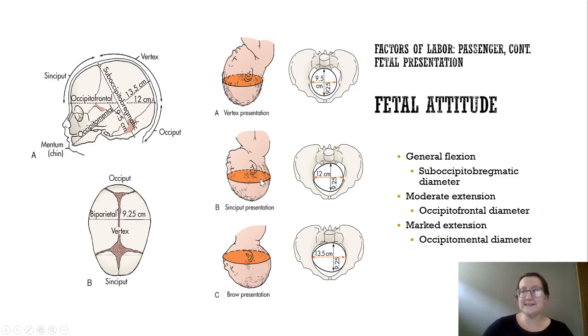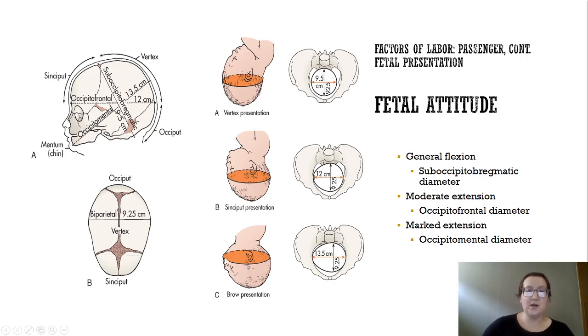When we're in a sinciput presentation, we have an occipitofrontal diameter that needs to move through. This is also called the military attitude because this baby is looking straight on, like they're at attention. And then brow presentation, the presenting part, in this case, is going to be the mentum.